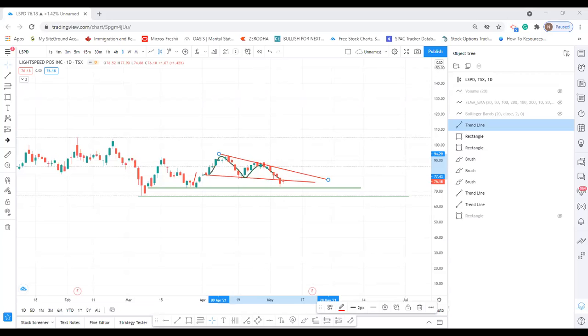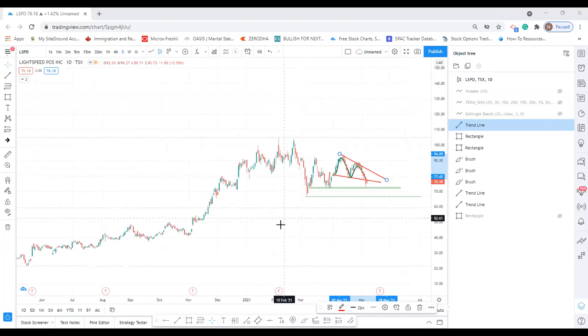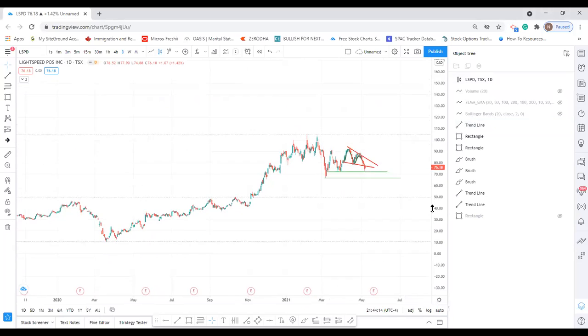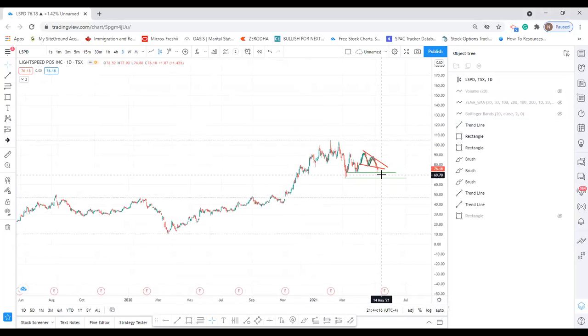In the Canadian market, Lightspeed, being a Canadian company, took over Vend, and Vend had a lot of clients in Europe. It's an ANZ company, Australia and New Zealand. That is very good news, and the synergies are great. So I believe it is going to be a monopolistic market for Lightspeed. For the longer term, it's a good time to enter.